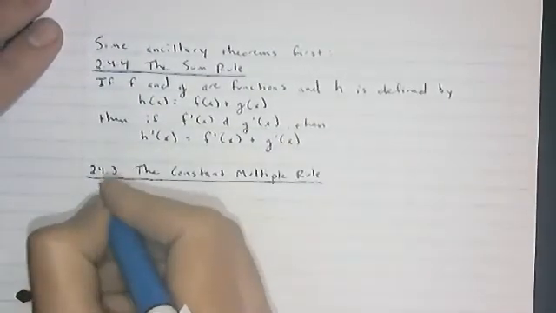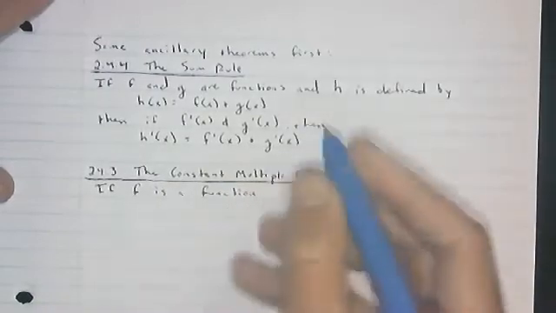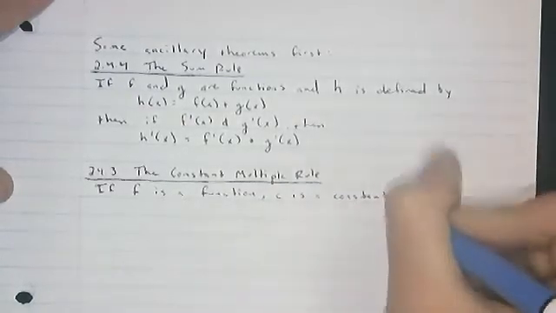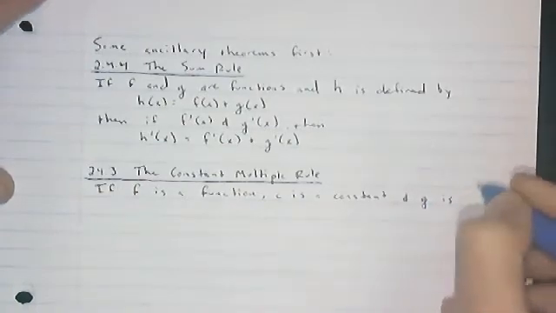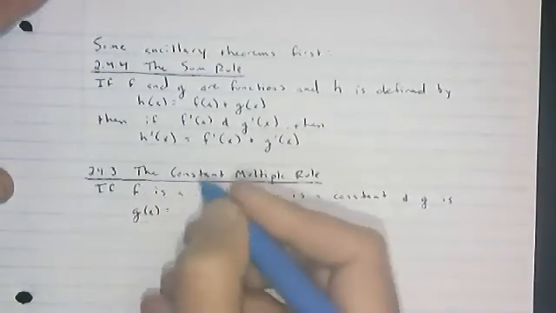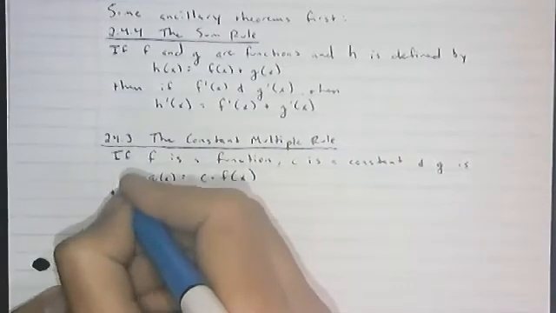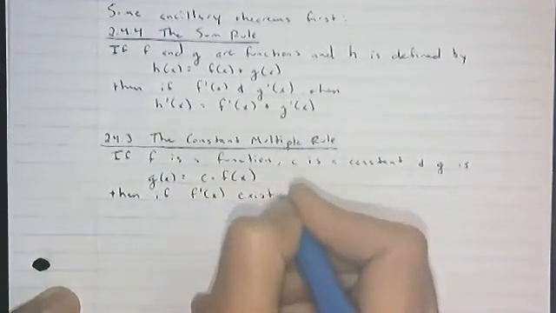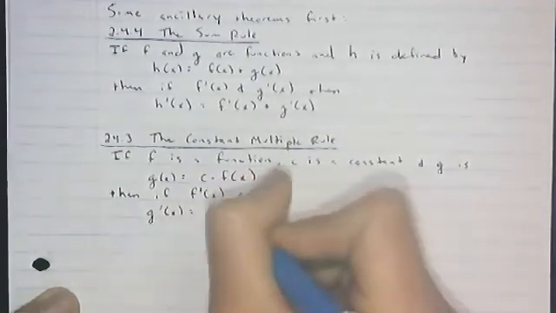If f is a function, c is a constant, and g is g of x equal to c times f of x, then if the derivative of f exists, g prime of x is simply c times that derivative.